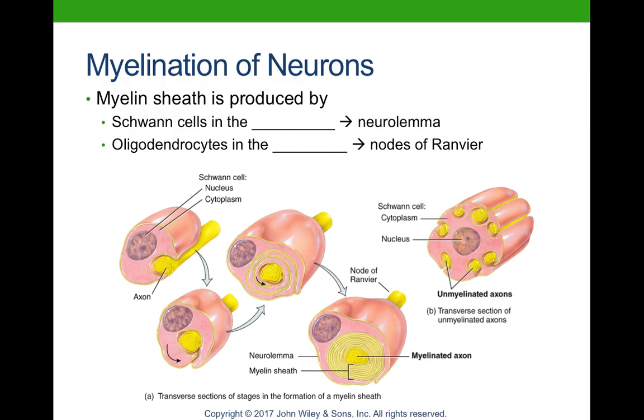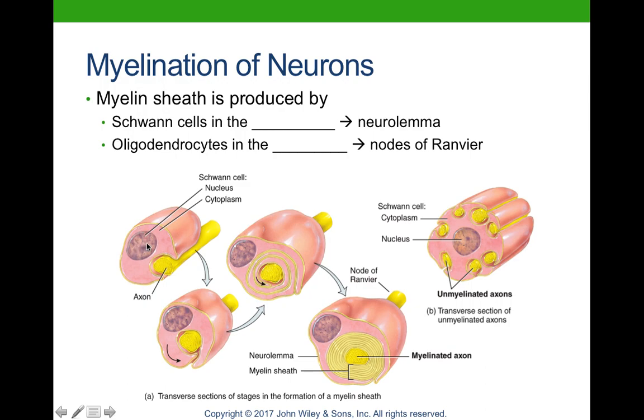This myelin sheath covering is produced by Schwann cells in the peripheral nervous system, creating the neurolemma, and oligodendrocytes in the central nervous system. This myelin sheath electrically insulates the axon and increases the speed of nerve impulse conduction, therefore allowing the nerve impulse to travel faster.